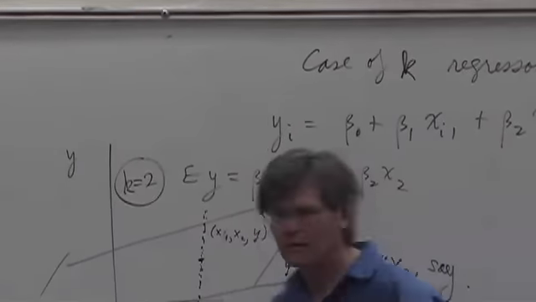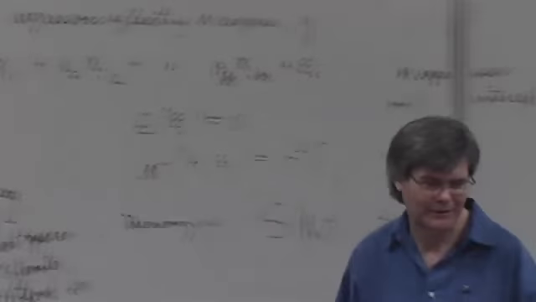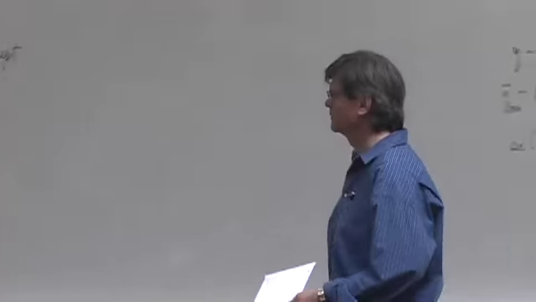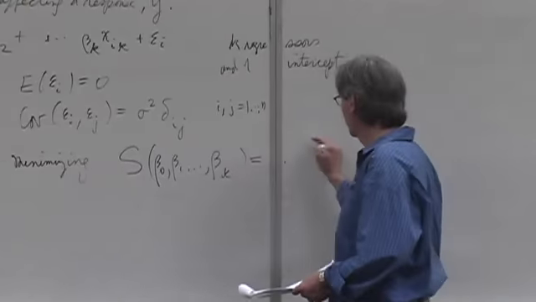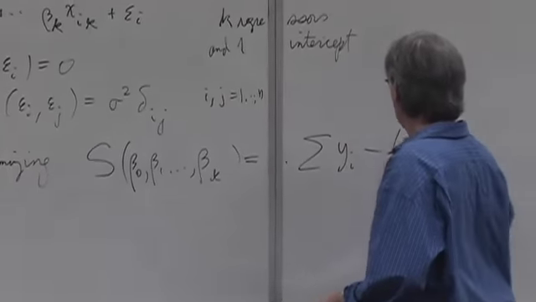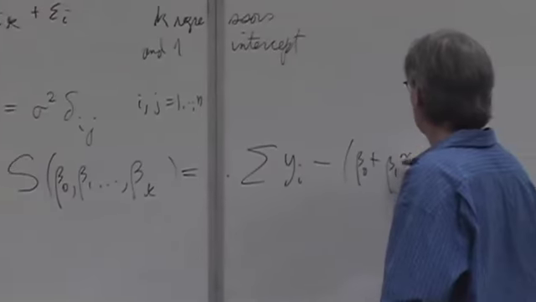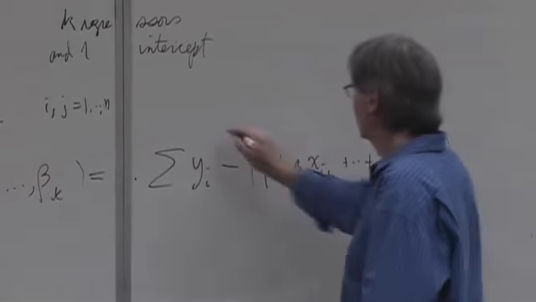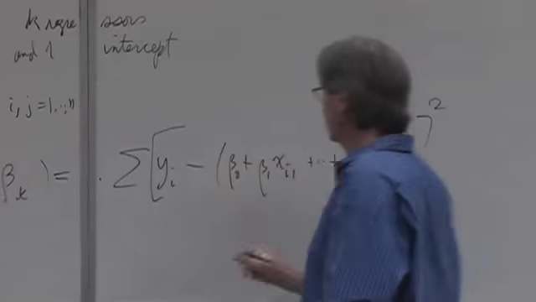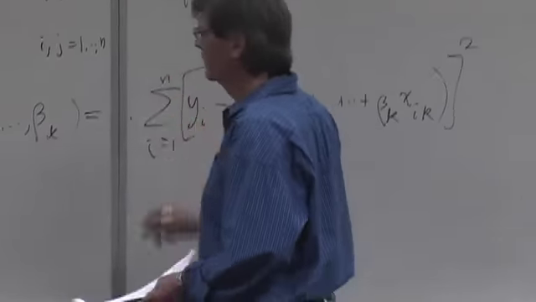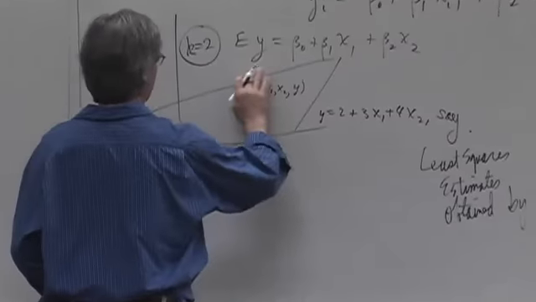So now I'm going to go ahead, case of k regressors. This is k equals 2 in this picture. All right? That's a little bit better. So I'm going to minimize this thing, the sum of squared errors, which is the summation of yi minus beta 0 plus beta 1 xi1 plus and so on plus beta k xik, quantity squared. i goes from 1 to n. So look in the vertical. Let's go back to this picture, change it again.